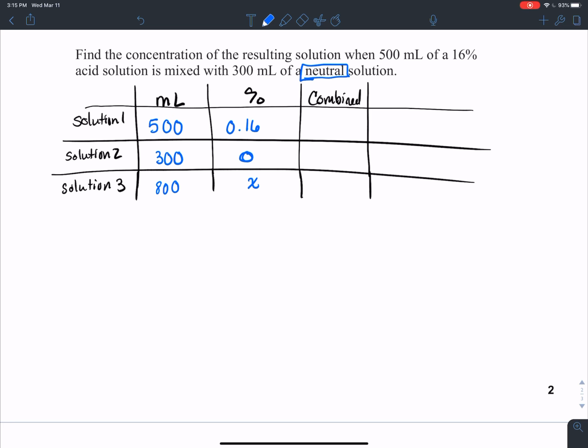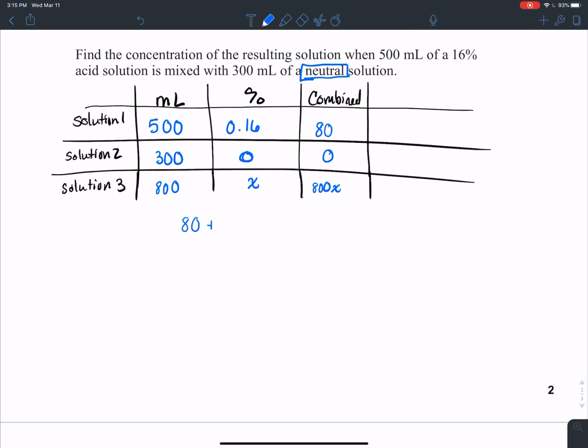I'm going to multiply straight across. So 500 times 0.16 gives me 80. 300 times 0 gives me 0. And 800 times x gives me 800x. I'm going to set up my equation the same way.